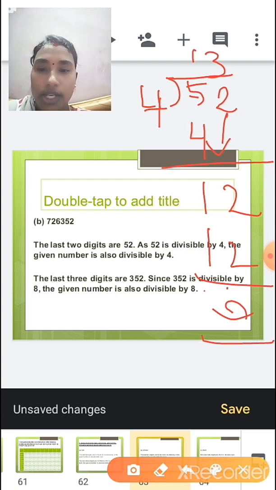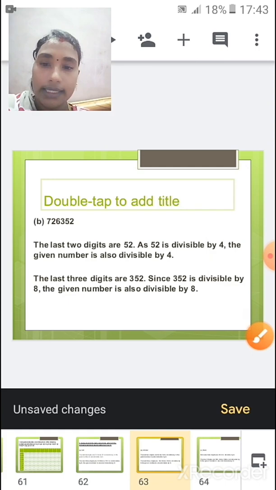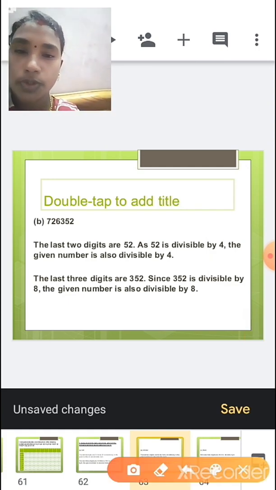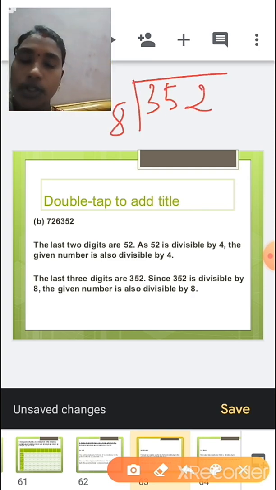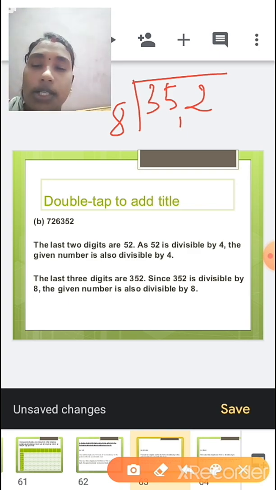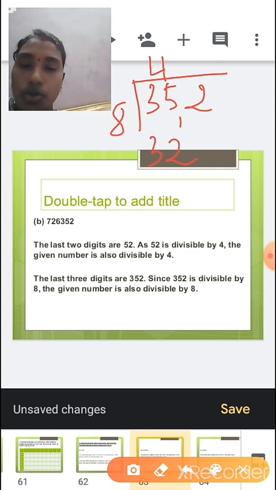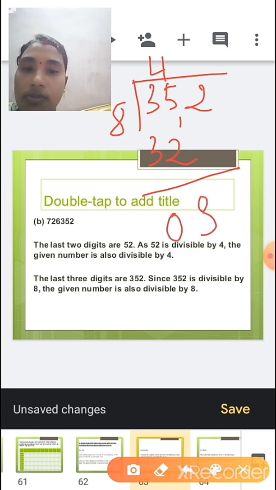Okay, now let us check it out for 8. So for 8 we have to take the last three numbers. So let us take 352. So when we are taking 3, 5, 2 and dividing it by 8, so 35. How many times will 8 go in 35? It will go in 4 times. 8 4s are 32. So bring down. 5 minus 2 will give you 3. 3 minus 3 will give you 0.